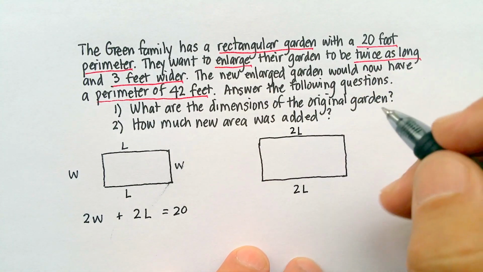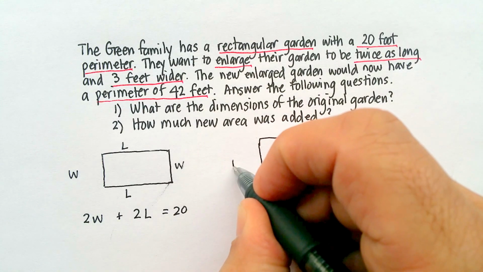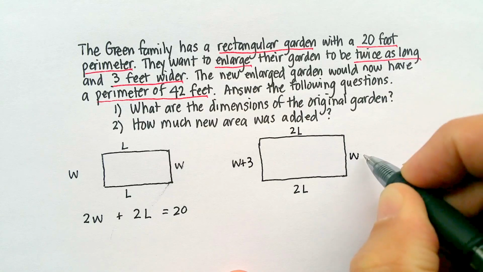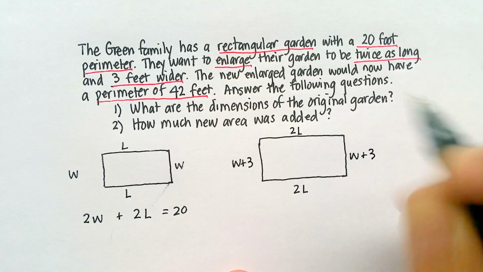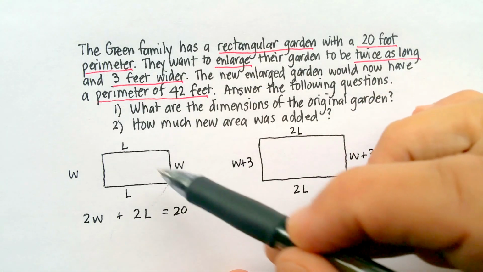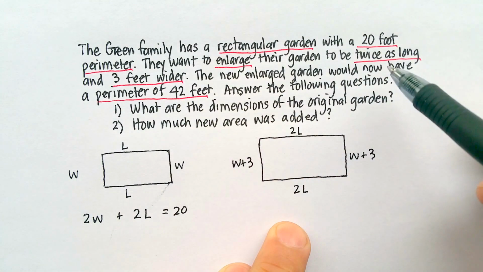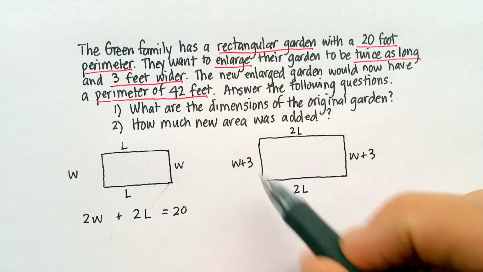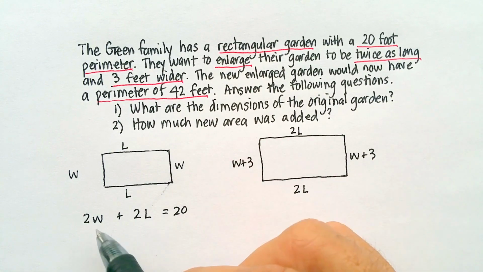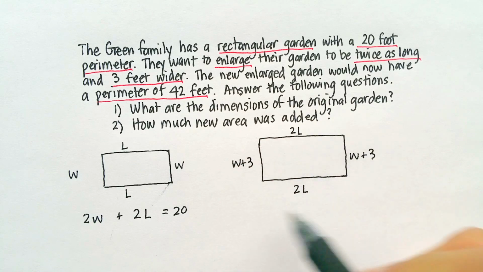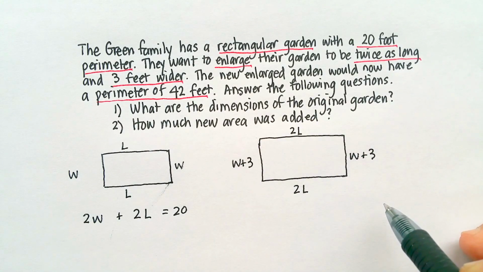I also know that it's 3 feet wider, so now it's W plus 3, right? And this is also W plus 3. Now, I've actually sketched and written out into numbers everything that I've underlined, right? I can do something more with this down here, right? Just as the same way that I was able to add all those sides together to equal 20, I can add all these sides together to equal 42.